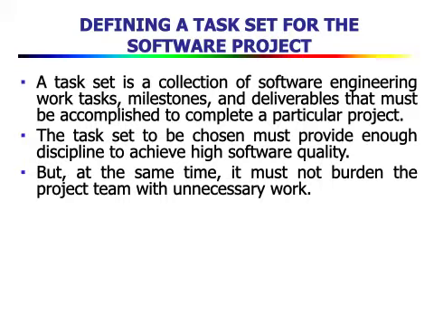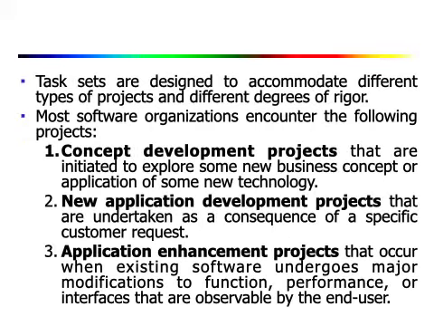And this task set to be chosen must provide enough discipline to achieve high software quality, but at the same time, it must not burden the project team with unnecessary work. So, the task sets are designed to accommodate different types of projects and different degrees of rigor. Degrees of rigor we are going to see later.